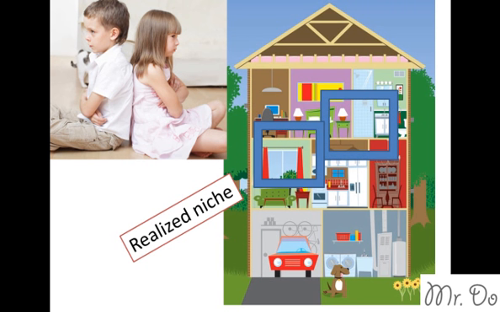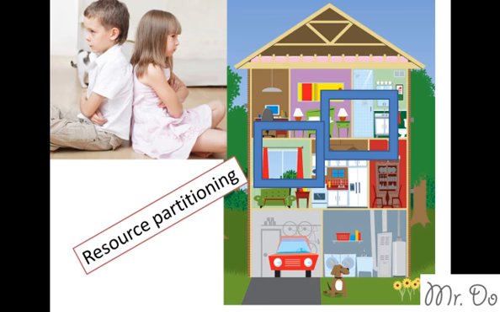So both organism A and B, their realized niche is just a portion of the whole habitat. Because it's like, okay, you have your own room, I have my own room, we don't share, you have your place, and when I'm here, you're not here, like siblings in rivalry. So then they're splitting up the resources. That's called resource partitioning. And each organism occupies a certain section of the habitat, and that became their realized niche.